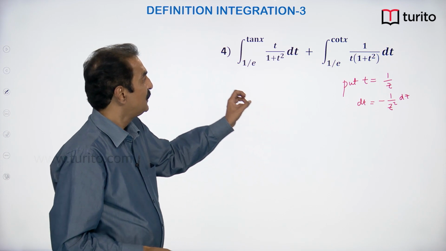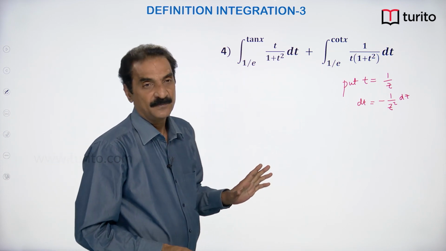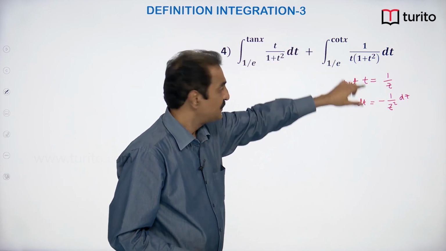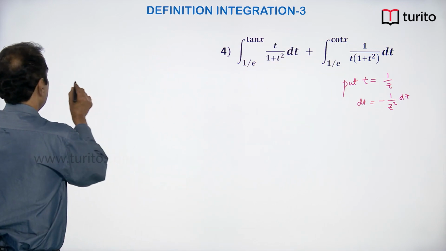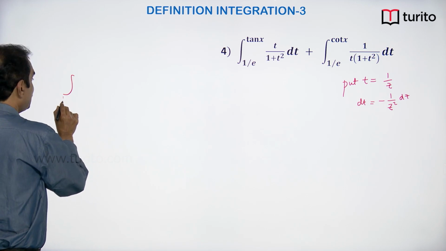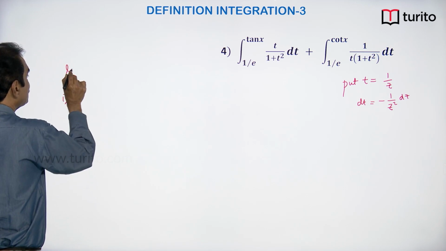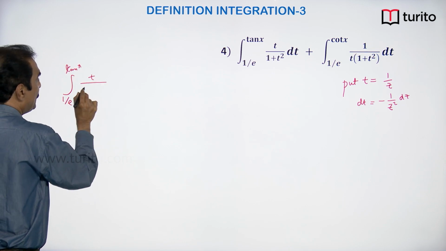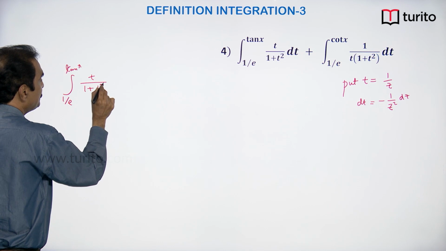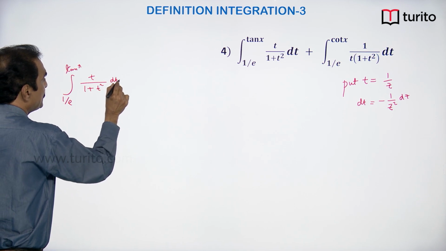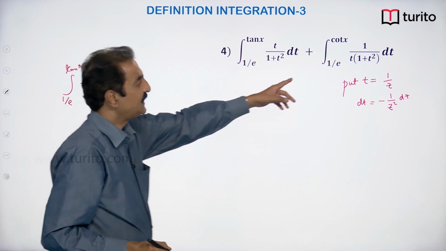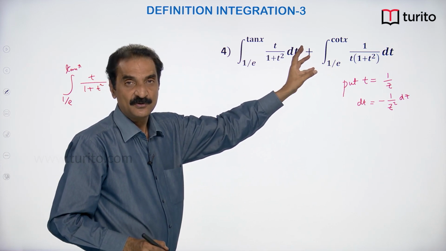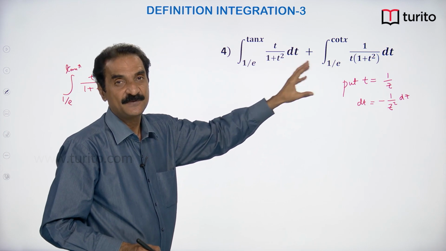As I have told you, we need to calculate only one of them. So, I will keep the first integral as it is and I will find out this using this substitution. First integral is integral 1 by e to tan x of t by 1 plus t square dt plus, in the second integral we have to calculate new limits. When you are changing the variable to z, we have to calculate the limits of z.